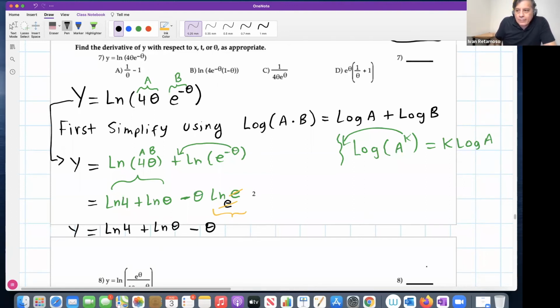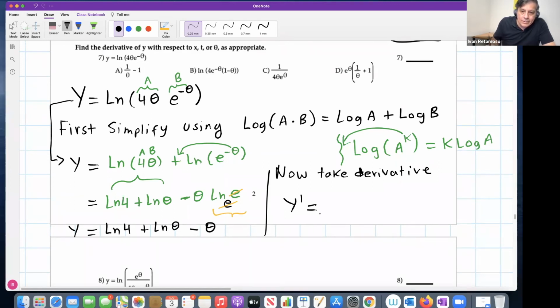Now take your derivative, right? Now take the derivative after simplifying. So you will see that it's simple. The derivative of natural log of 4 is a constant, right?